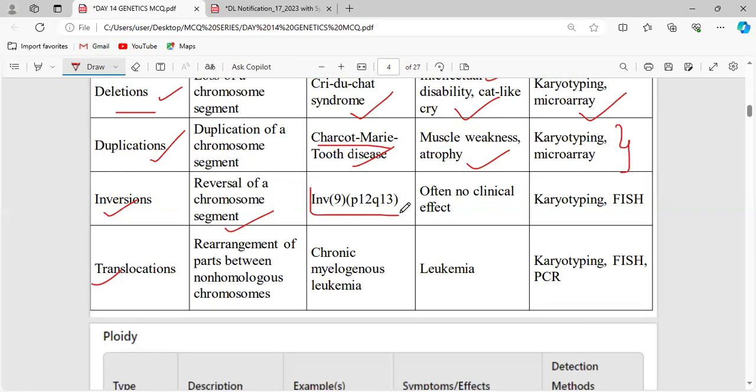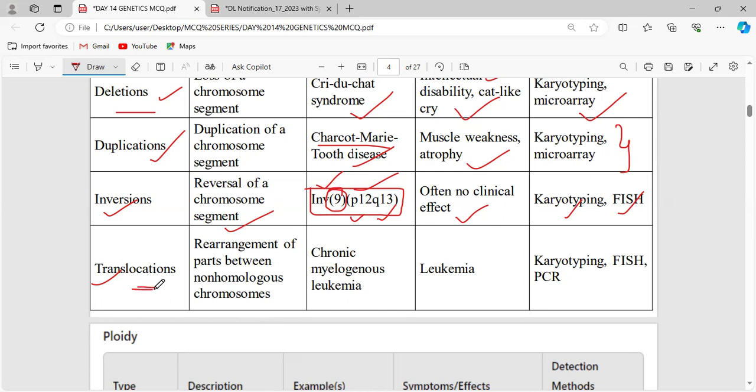For example, an inversion occurs in the 9th chromosome, in the short arm at the 12th place and in the long arm at the 13th segment. This is an example of inversion. Here there is no effect as a result of this inversion, and karyotyping and FISH are the diagnostic methods.